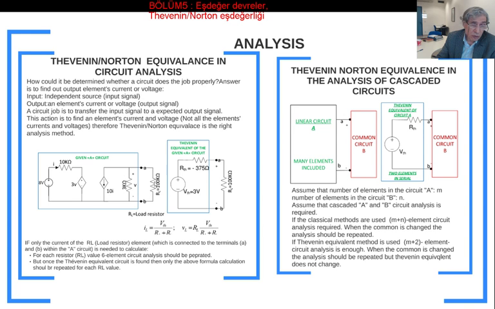This element's current and voltage could be the output signal of our circuit. So I've got to calculate this output signal in terms of, of course, the independent source. Then I can say my circuit transfers this independent voltage source to my expected output. If it is my expected output, that means my circuit is working properly. If not, it's not functioning properly.